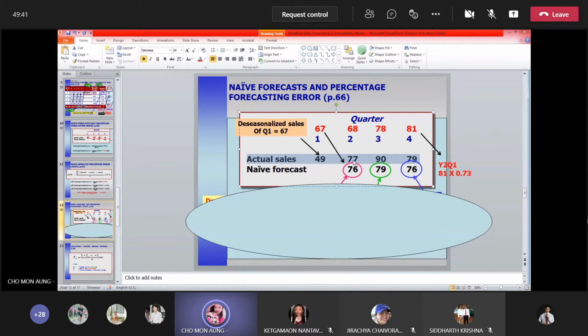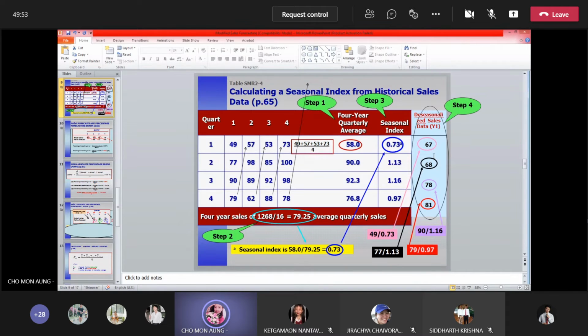So instead of using actual sales here, we will be using the deseasonalized sales. In this table, deseasonalized sales for year 1, quarter 1 is 57, quarter 2, 68, quarter 3, 78, and quarter 4, 81.